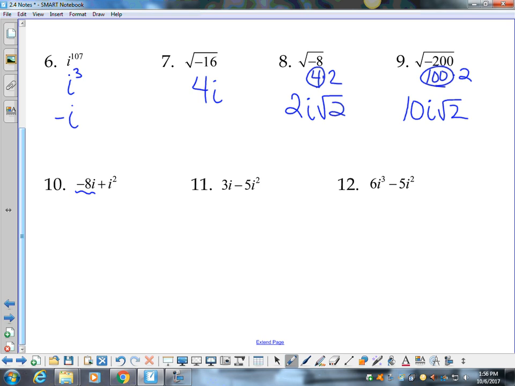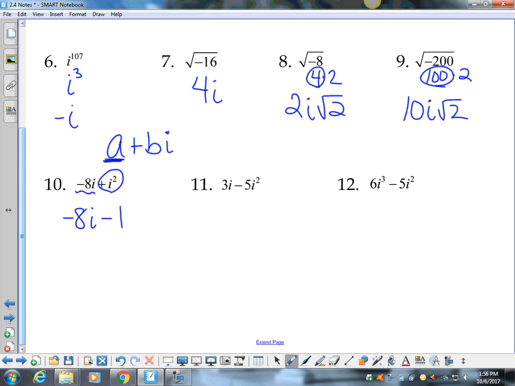Okay, negative 8i, there's nothing to do with that. It's fine. It's just a negative 8i. But you can't keep me with this i squared. i squared is a negative 1, so minus 1. Okay, now here's where this is going to sound really, really picky, but you have to do it anyway. When you write your final answer, these numbers take that form.